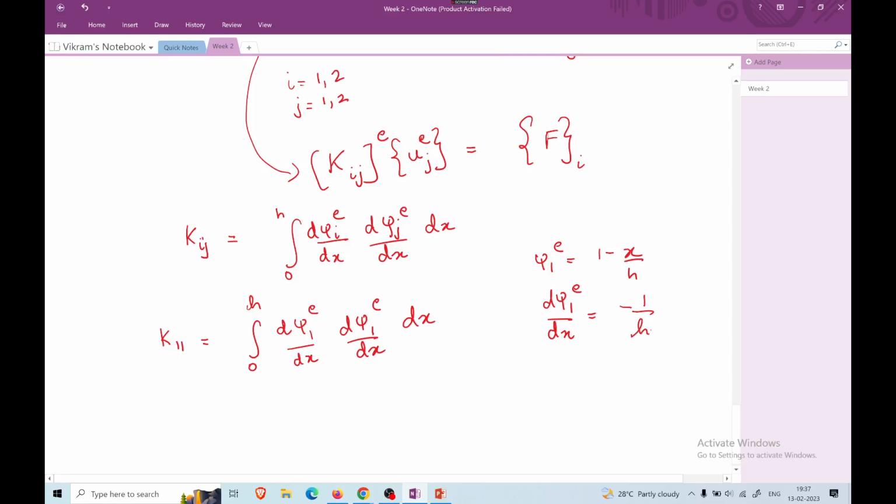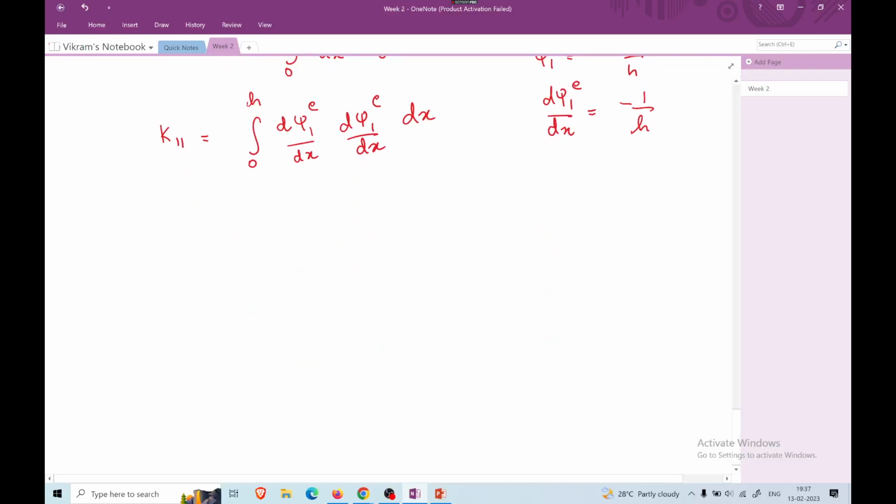Okay. I hope you are able to follow line by line as I solve in this manner. So this is minus 1 by h, same thing, this is also minus 1 by h into dx. So 1 by h square I take outside, 1 by h square into integral 0 to h dx is h. So 1 by h.